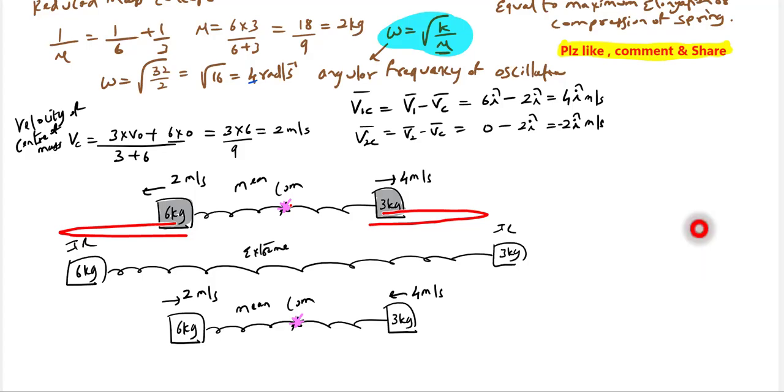This will be some sort of mean position. At one instant they'll come to instantaneous rest, and then periodically again. This is the basic condition that occurs in this given situation.